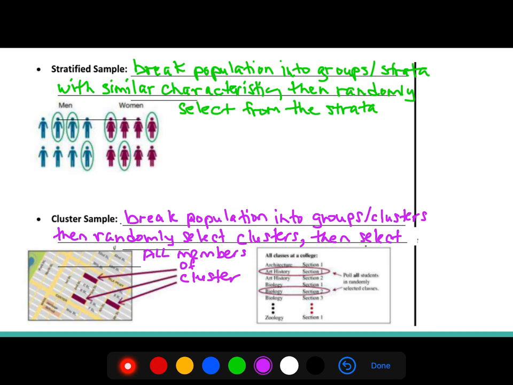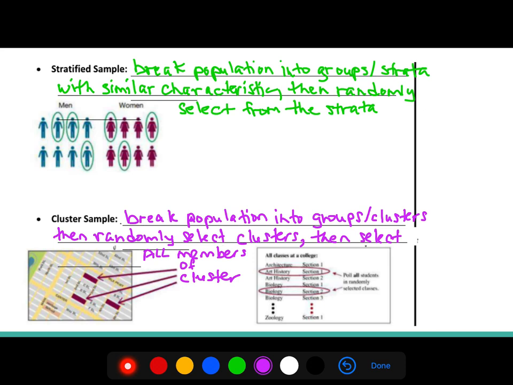So it's like neighborhoods or something like that. You could break it into neighborhoods. They don't have to be similar in characteristics, just break the population up into clusters. And then I pick a few neighborhoods and I take everybody out of that neighborhood.